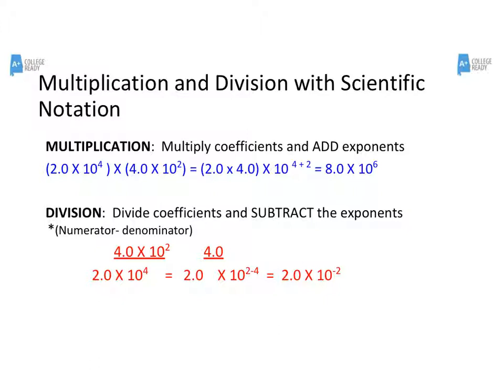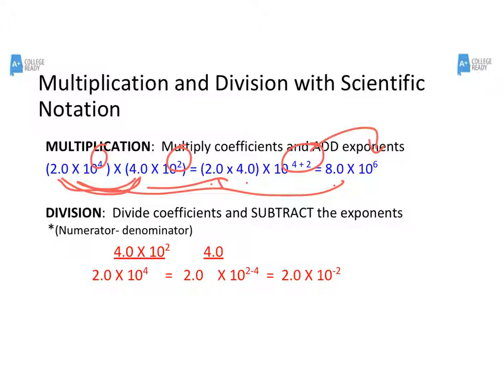Okay, let's talk about multiplication and division with scientific notation. When you're multiplying scientific notation, you want to multiply the two coefficients together, but add the exponents. So 2 times 4 is 8, and then the two exponents added together end up being 6.